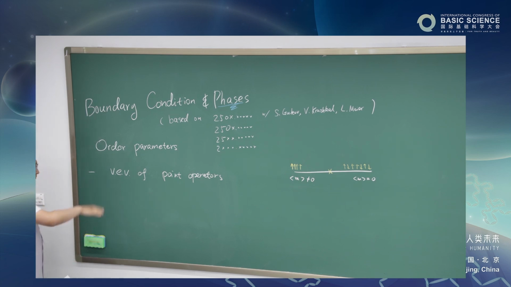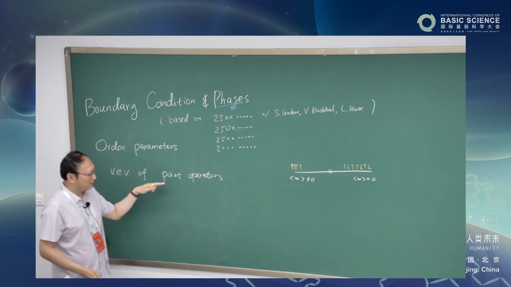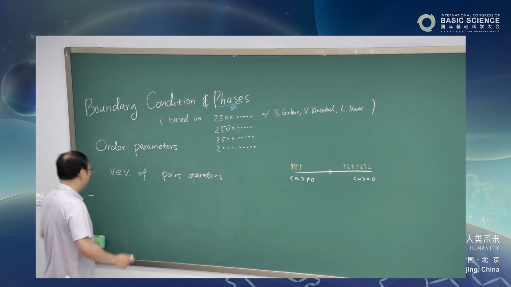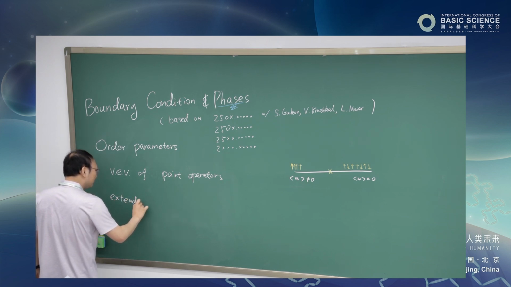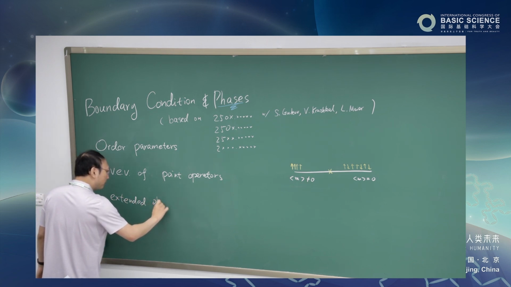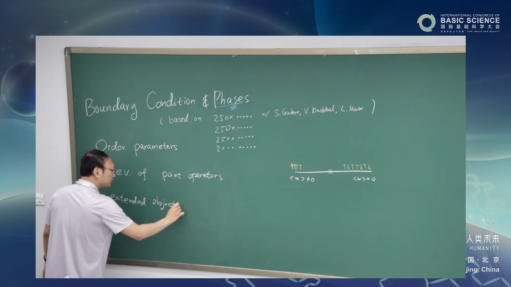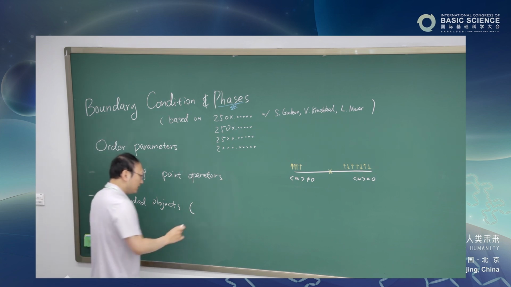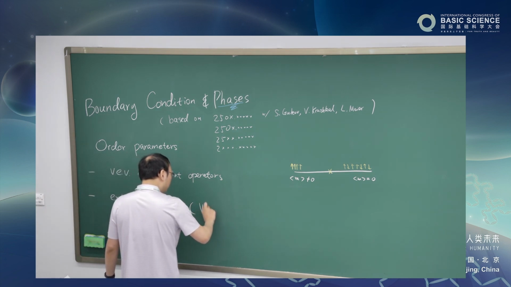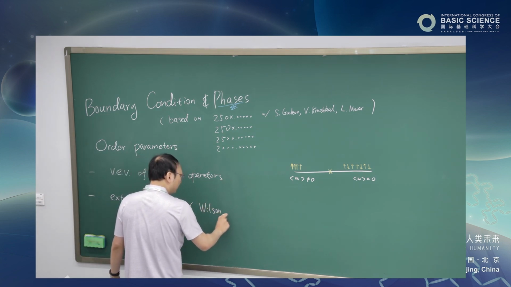And throughout the past century, this has expanded a bit. For example, we know we don't need to just look at point operators. Extended objects are also useful. The most famous examples being the Wilson line and the 't Hooft line.